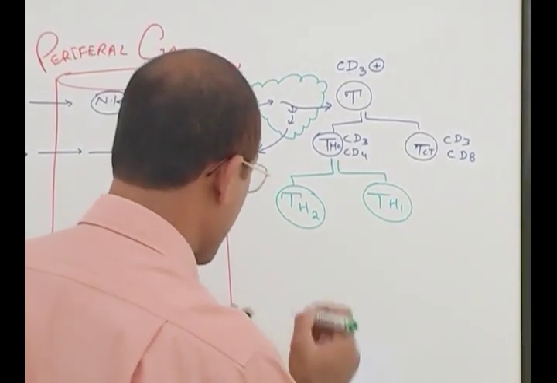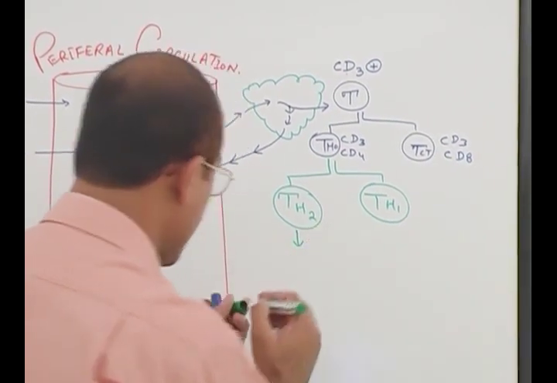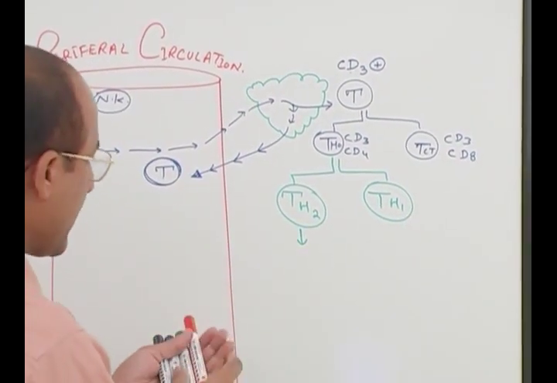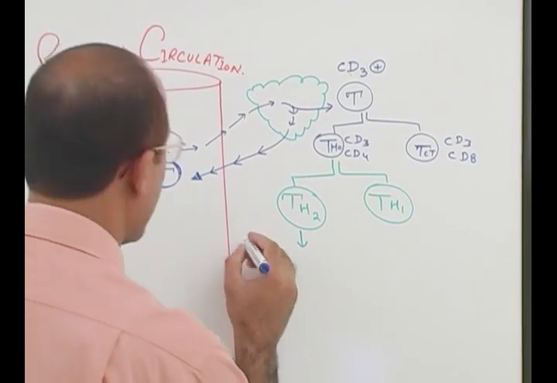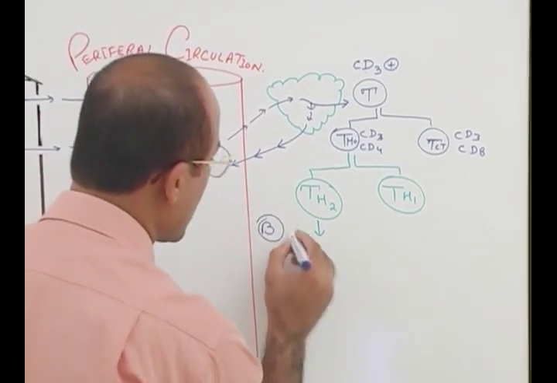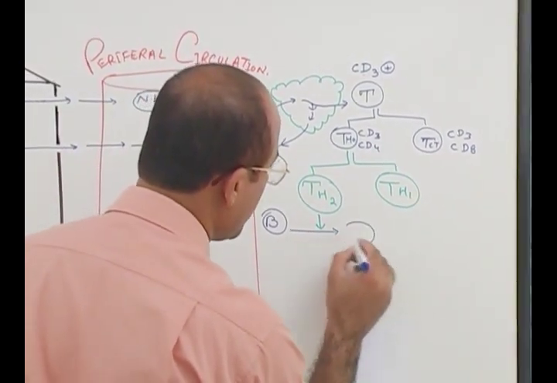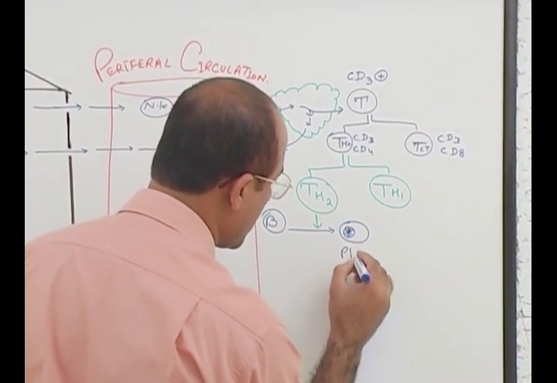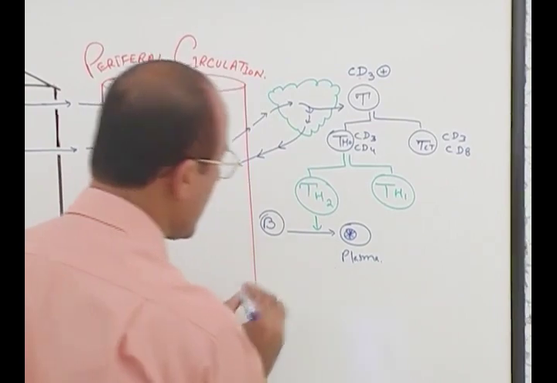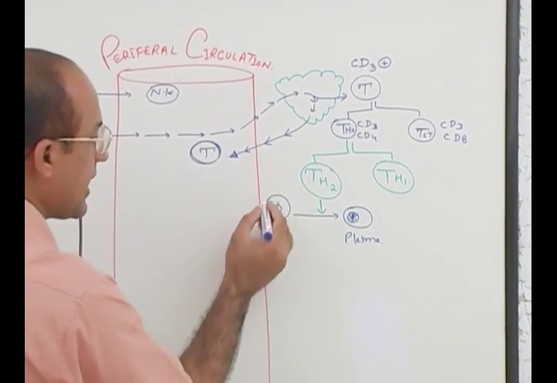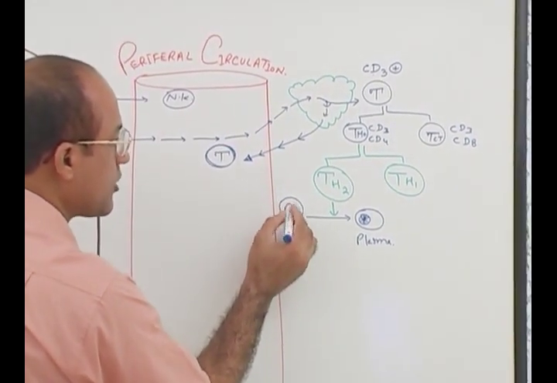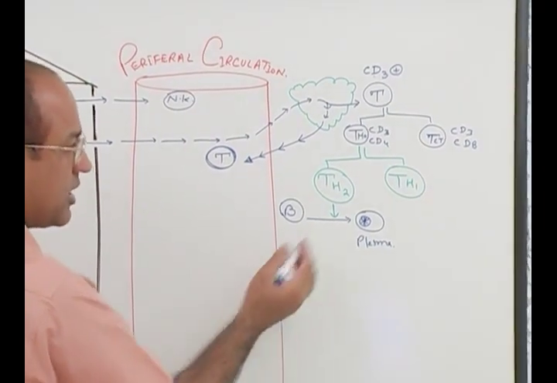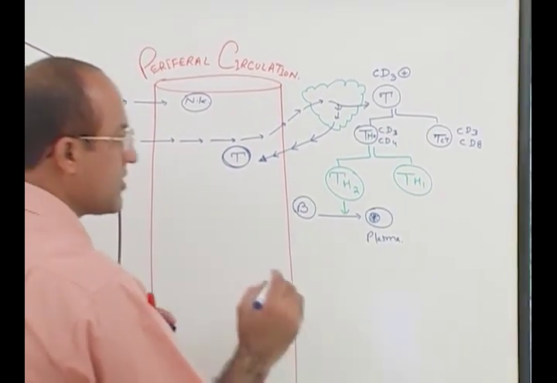The major function of T helper 2 is that T helper 2 can stimulate the B cells and convert the B cell into, yes, what is it? Plasma cells. So B cells can be acted upon by the cytokines produced by T helper 2 and convert into plasma cells.